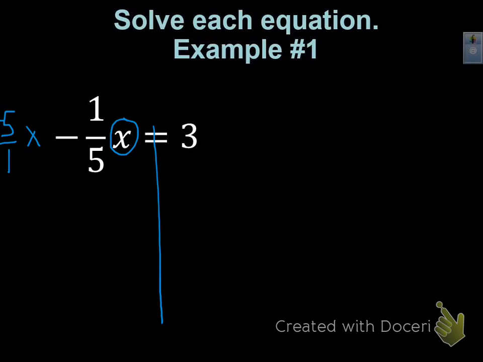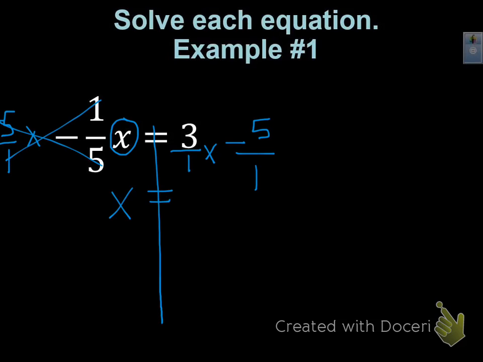Whatever I do to one side, I must do to the other. So on the right side, I will also multiply by negative 5 over 1. On the left-hand side, the fractions cancel out to equal 1. So I have x left over. On the right-hand side, I must think about my multiplying fractions knowledge.